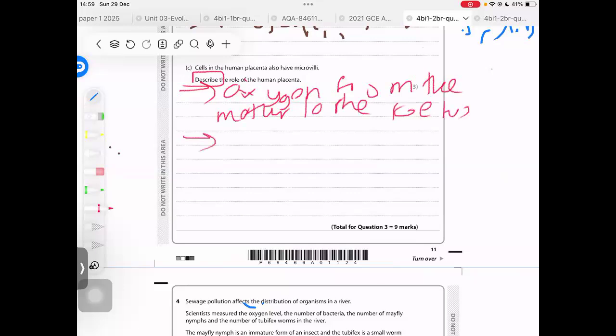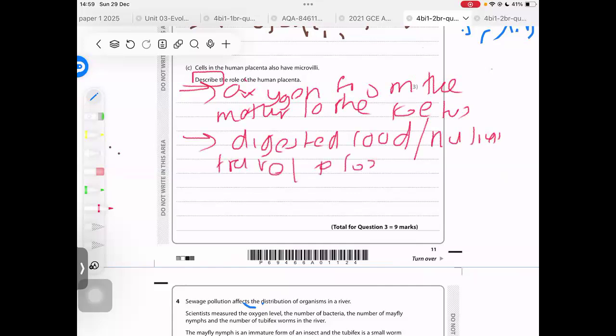Not just that, digested food, nutrients, also travel to the fetus from the mother through the placenta.